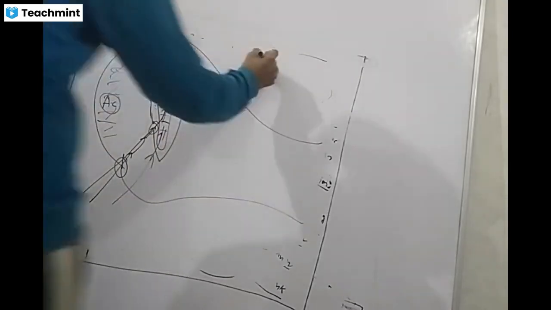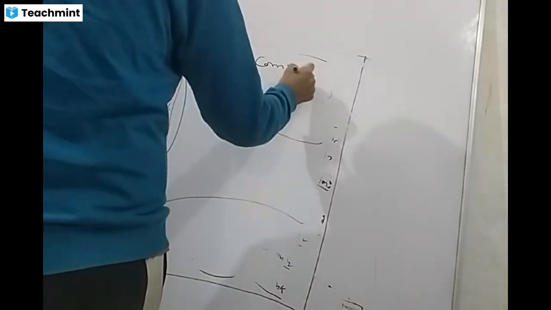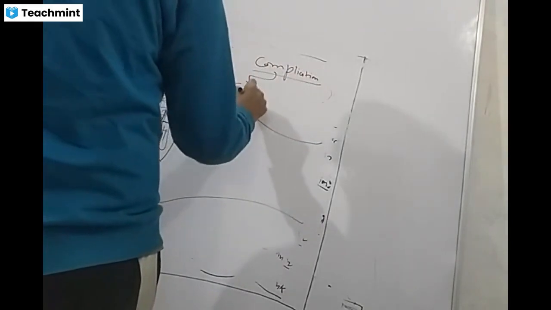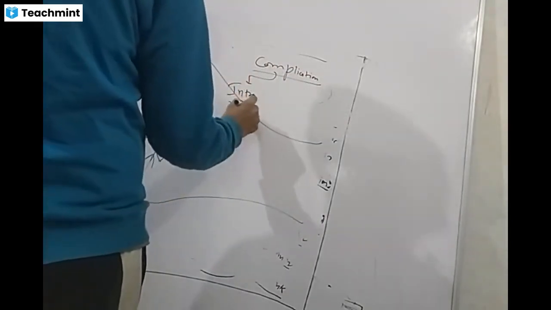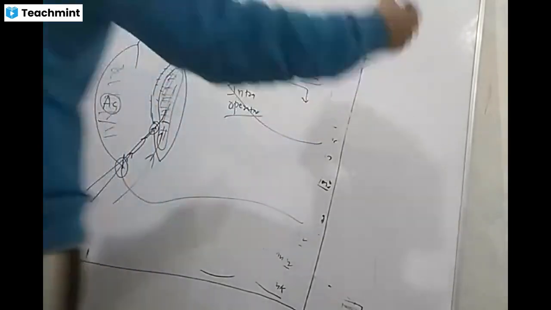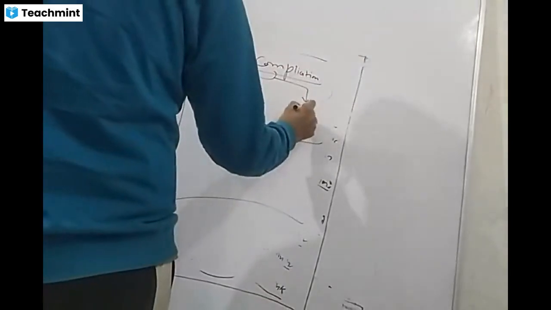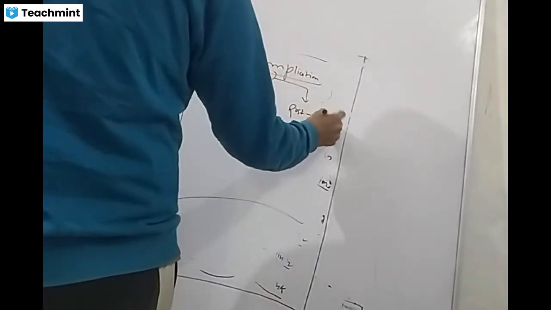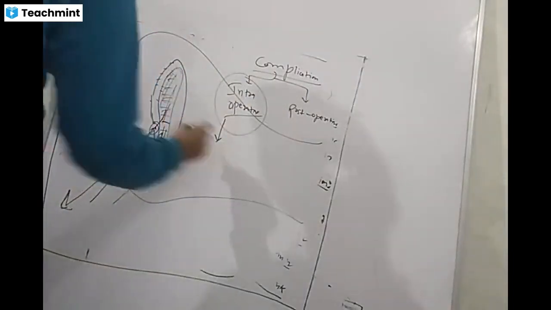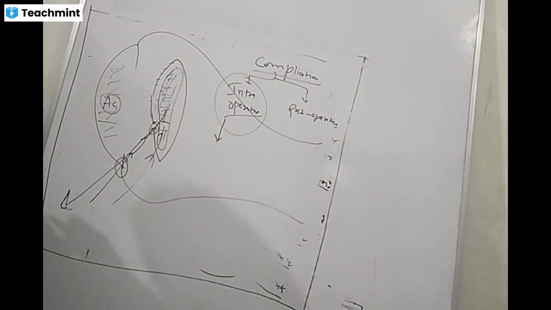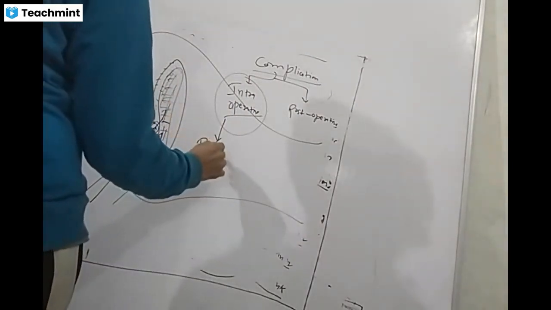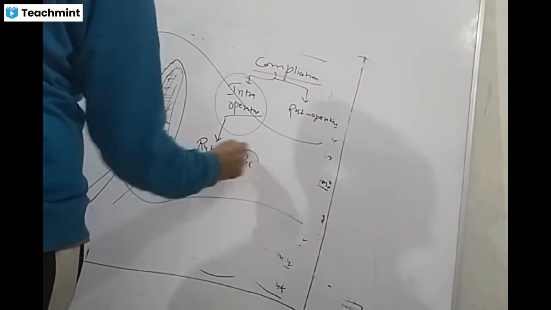There are two complications which are most common. One complication is during surgery, that is intraoperative. And one is after you send the patient home, that is post-operative. During surgery, the most common complication is rupture of the posterior capsule.